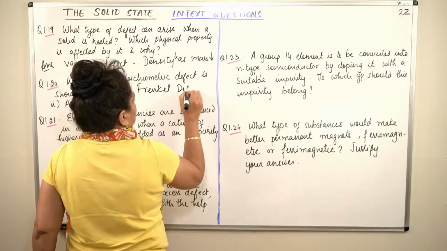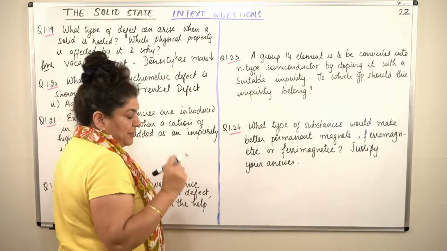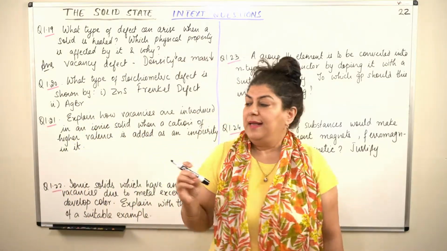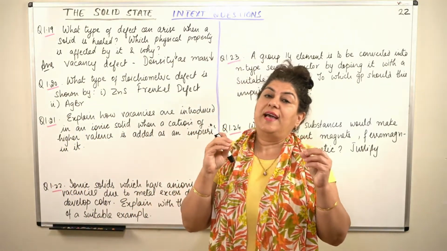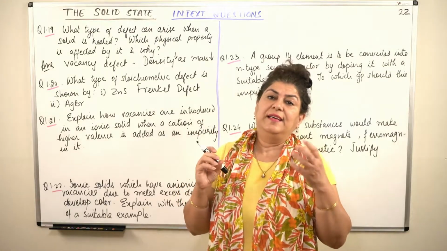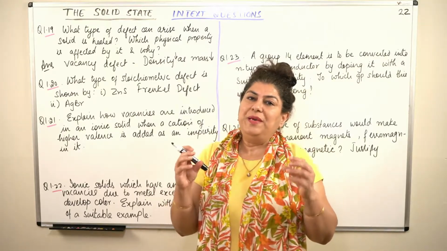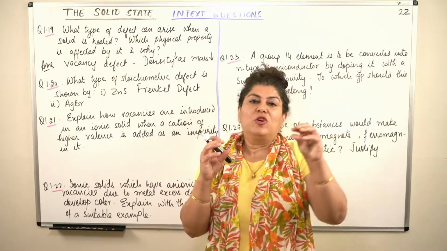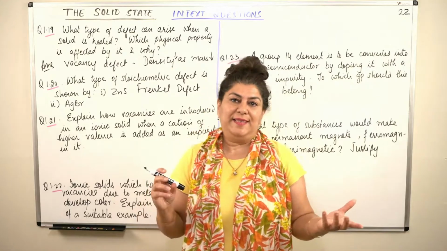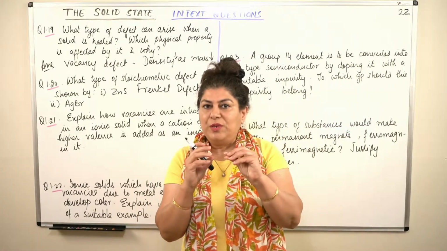Okay. What happens in the Frenkel defect is that when you have a difference in the size of the cation and the anion, the cation is usually smaller. So the cation, being smaller, slips away from its lattice site.